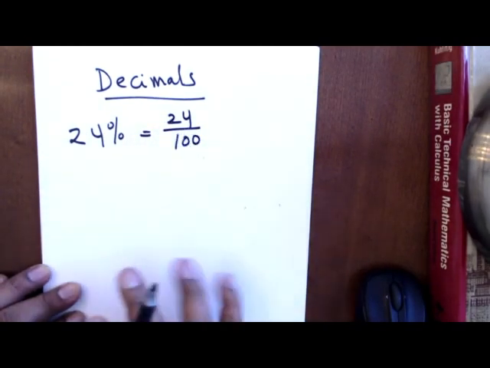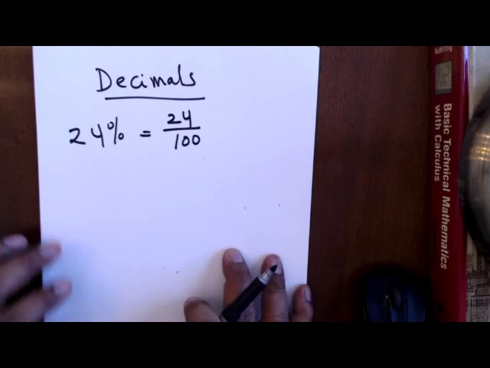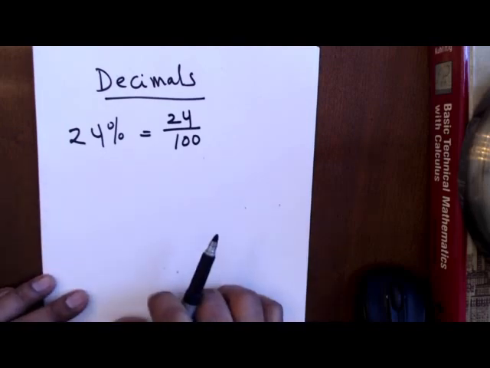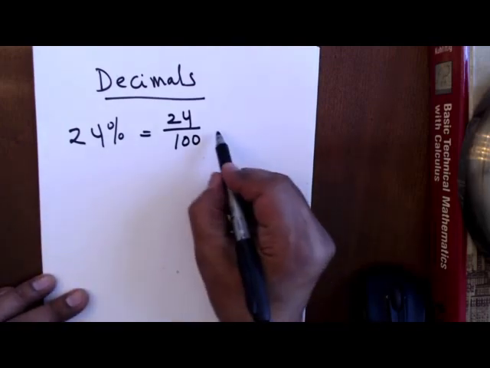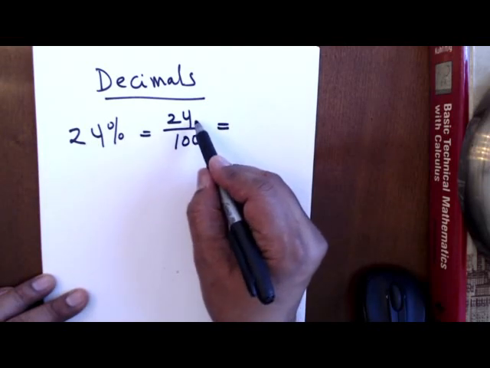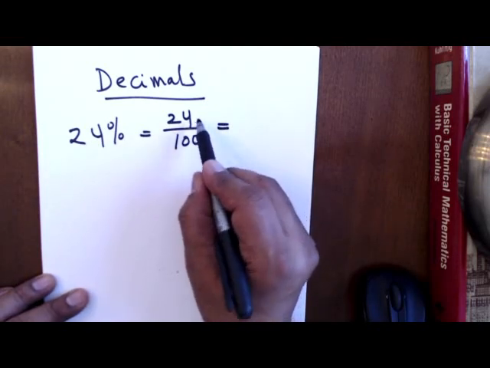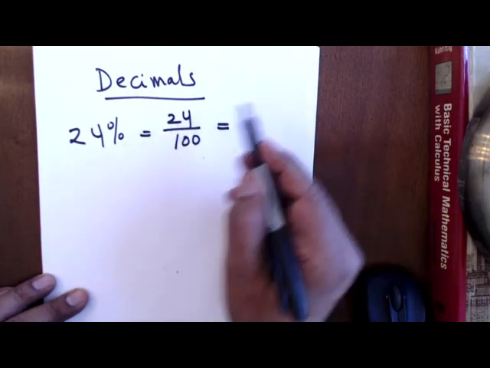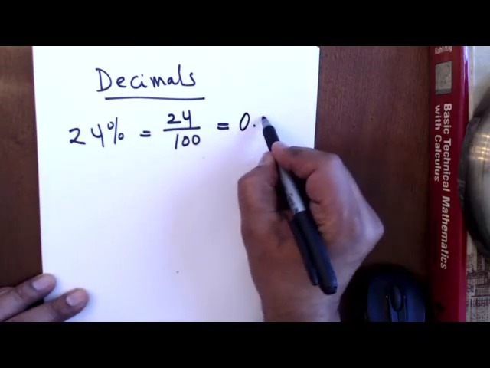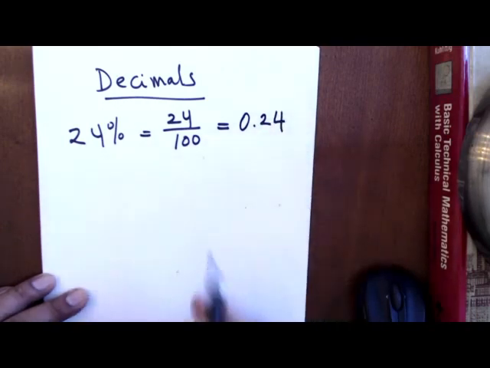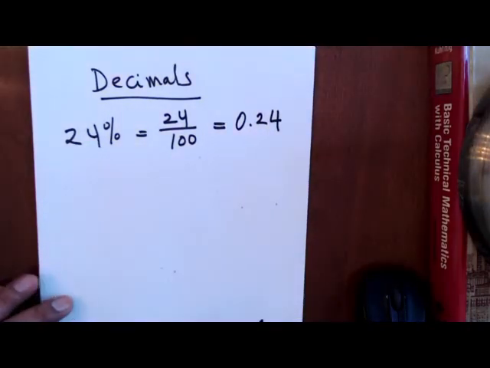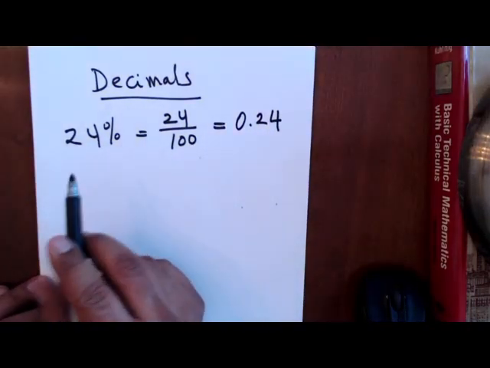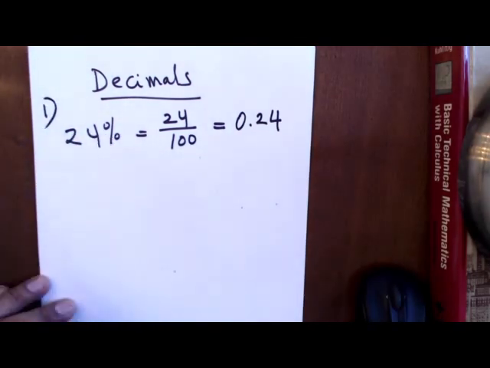Make sure that you follow those steps, and you will get to the right answer. Now if you divide that, you have to move the decimal two steps, 1, 2. So your answer is going to be 0.24. So that will be your decimal. Let's say this is example number 1.